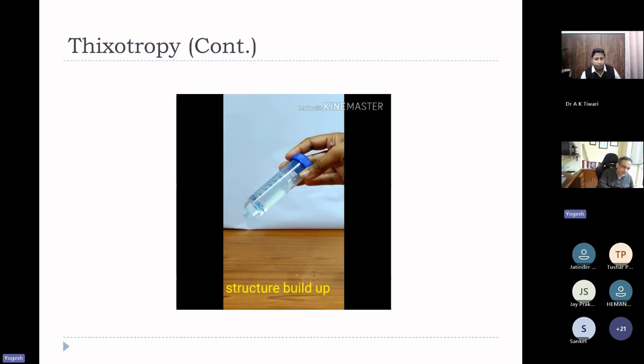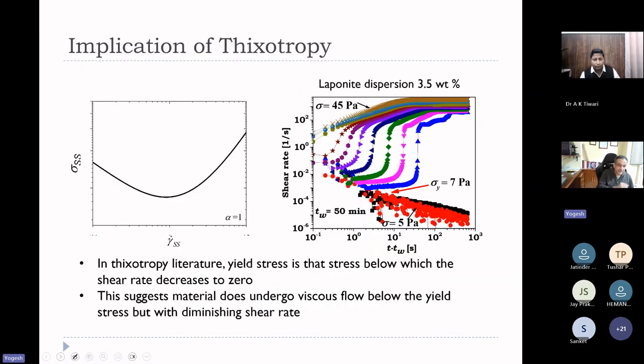So let's see what beautiful behaviors this laponite dispersion shows. What is done here is as follows. We put the material in the rheometer and subject it to different magnitudes of stress.